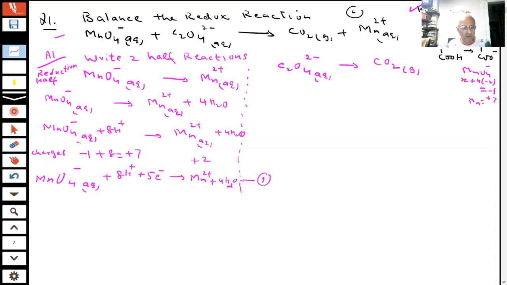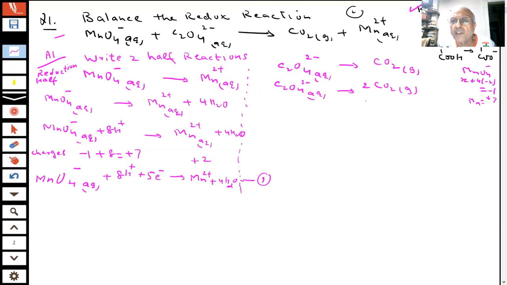Okay, go to the other side. How many carbon? 2 here, 1 there, so this will become 2 carbon. How many oxygen? 4 here, 4 there.